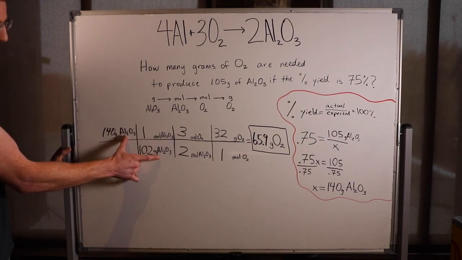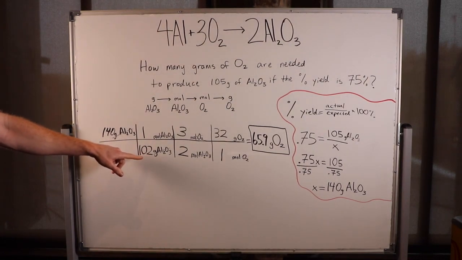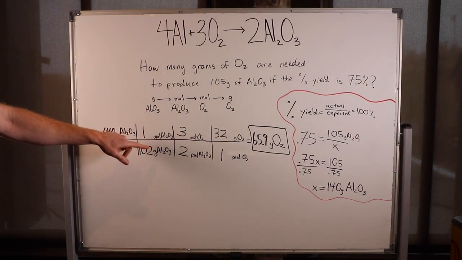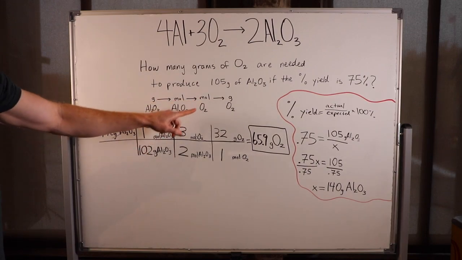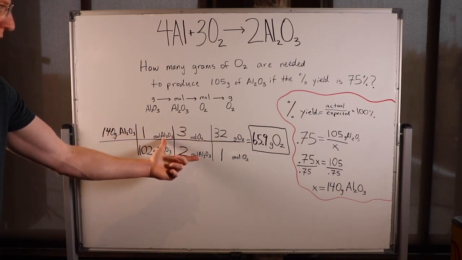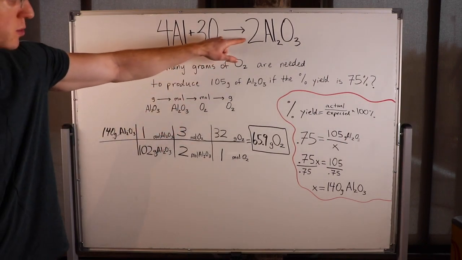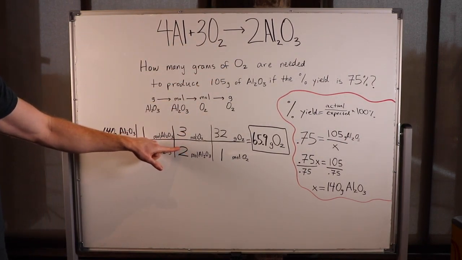We've got to cancel these units out, so we'll put grams of aluminum oxide on bottom. And we know from the periodic table that there are 102 grams of aluminum oxide per 1 mole of aluminum oxide. Then we go to moles of O2. So we'll put that up here, and we have to cancel these units out. And we know that for every 3 moles of O2, there are 2 moles of aluminum oxide.